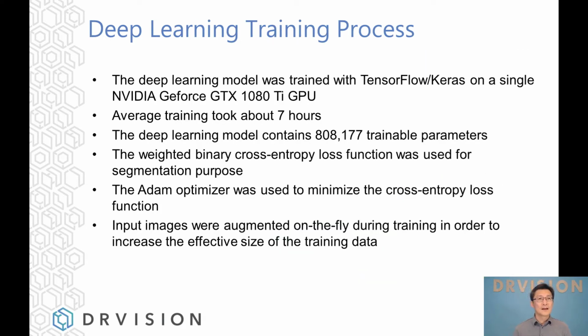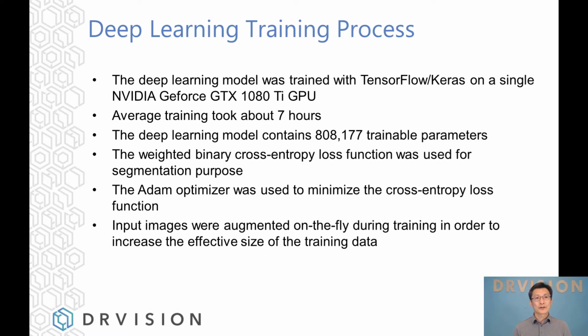There are some details about the deep learning training performed to generate the UNet model that will be used in Aivia 6. The model was trained with TensorFlow and Keras script on a single NVIDIA GeForce GTX 1080 Ti GPU.